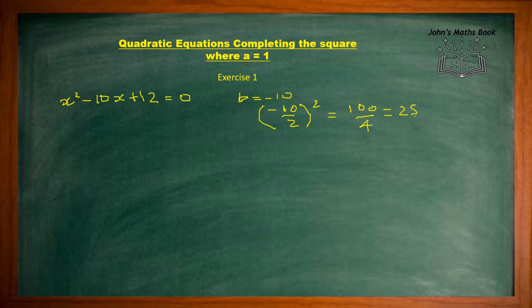So if we rewrite the quadratic equation and we take the constant term over to the right hand side, we get x squared minus 10x is equal to minus 12. And then if we add the value that we've just calculated, 25, to both sides, we get x squared minus 10x plus 25 is equal to minus 12 plus 25.